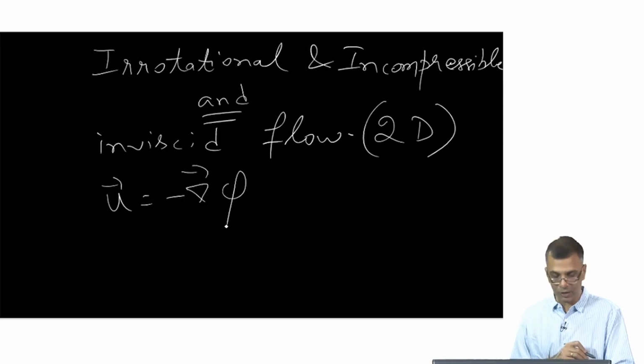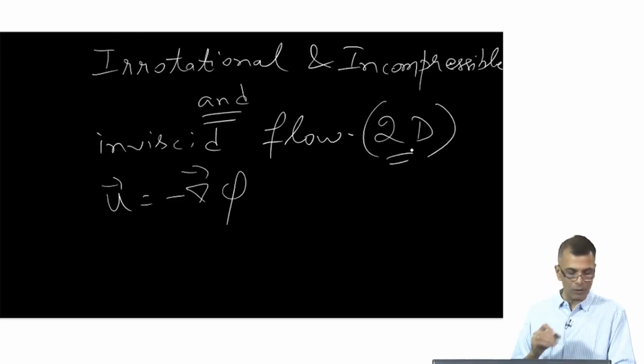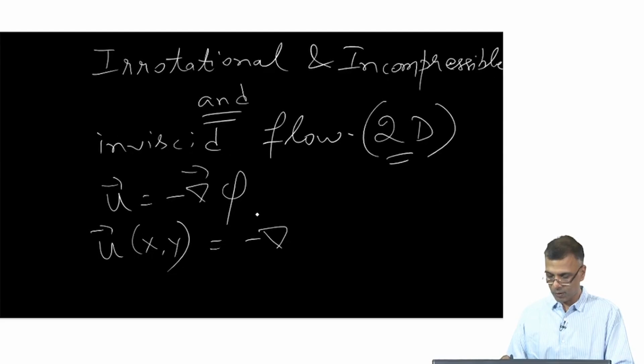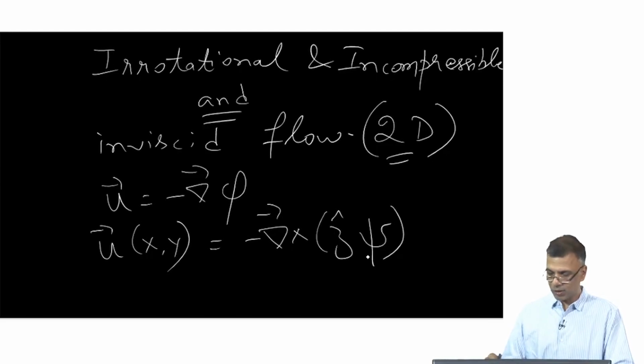gradient of a scalar velocity potential, and we can also express, especially for 2D flows, the velocity, since it's 2D, I'll explicitly write this as xy, as the curl of something called a stream function.